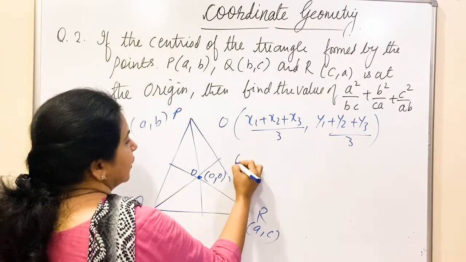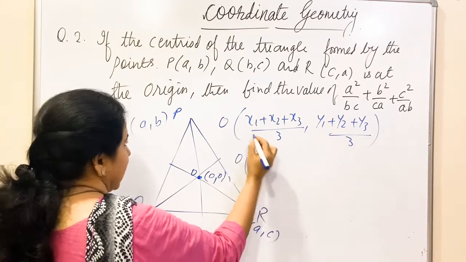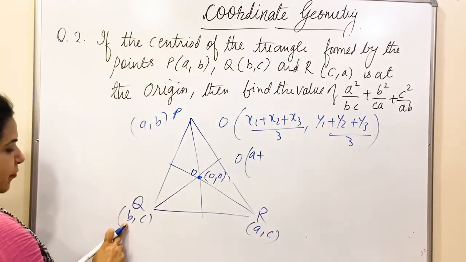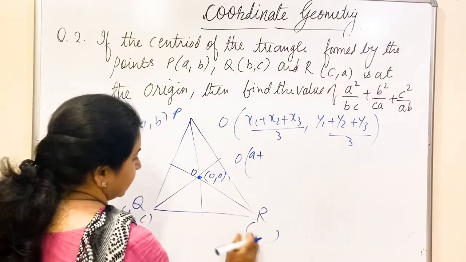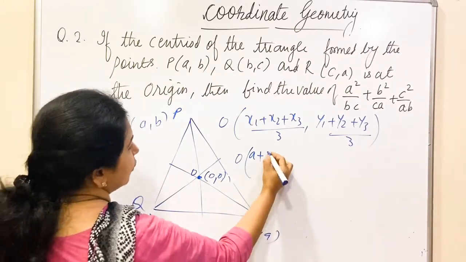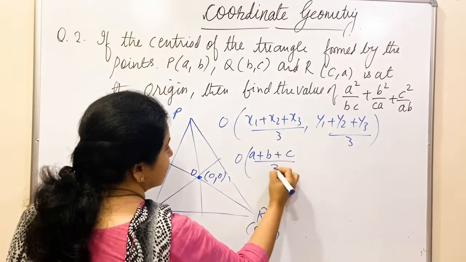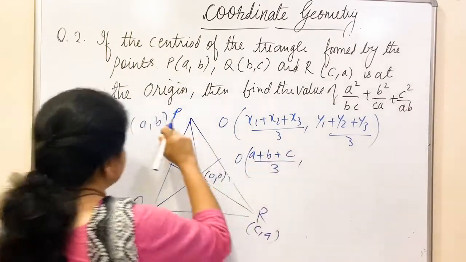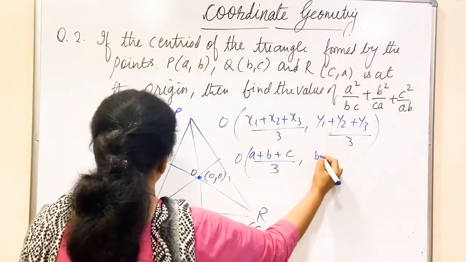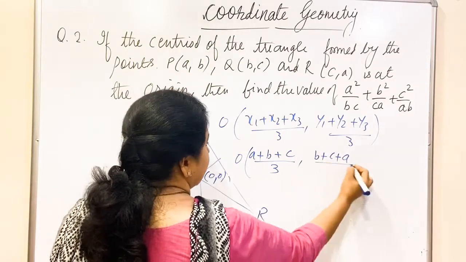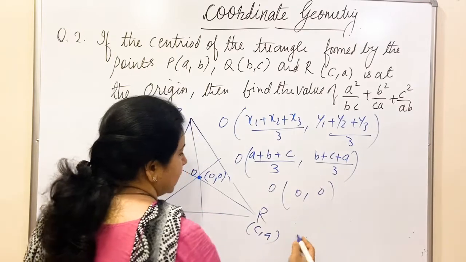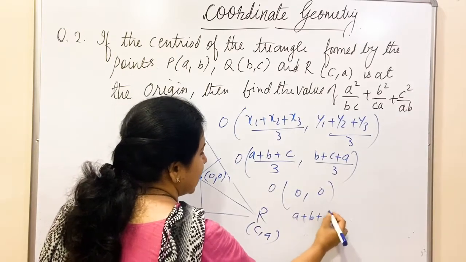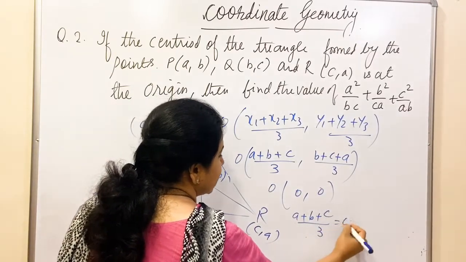So here x1 is A, x2 is B, x3 is C. So (A plus B plus C) by 3, and here y1, y2, y3 is B plus C plus A. This is given as (0, 0). That is, (A plus B plus C) by 3 is 0.